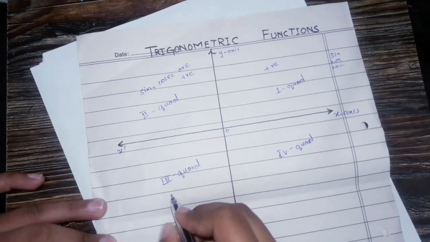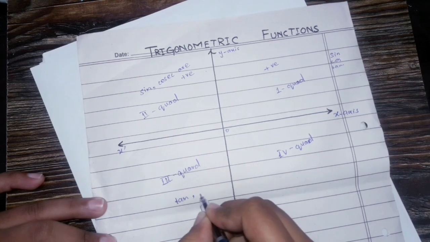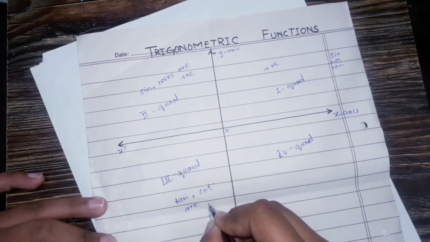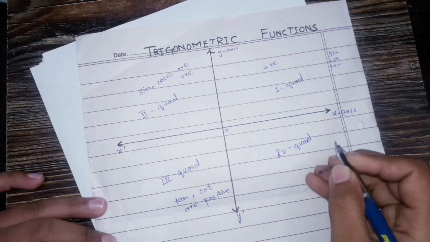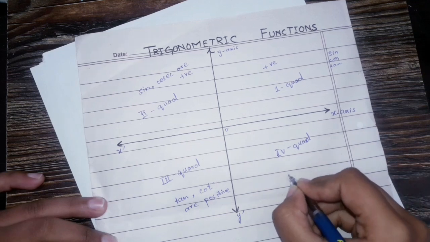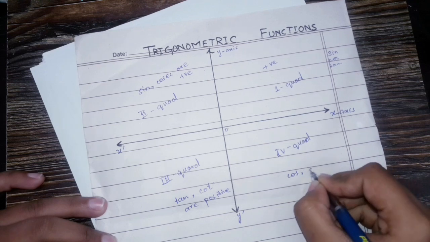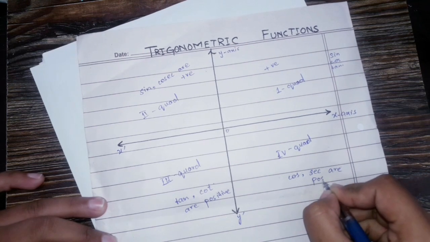In the third quadrant, only tan and its reciprocal cot are positive, and in the fourth quadrant, only cos and its reciprocal secant are positive.